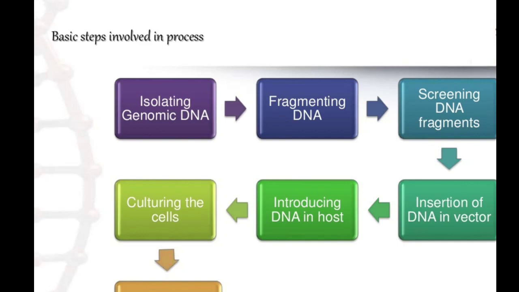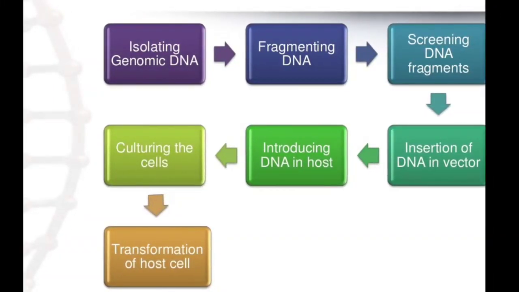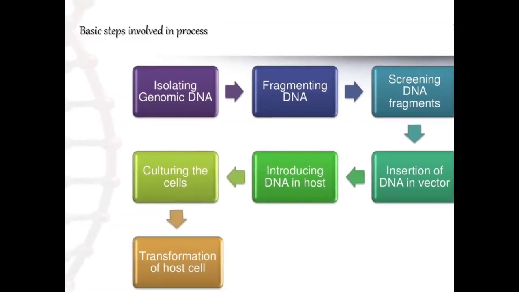After ligation, the recombinant DNA is formed, it is introduced into the host cell, and with the help of the host DNA it is cultured in the cells, and it provides so many copies of these desirable genes. So, transformation of the host cell. These are the basic steps involved in the process.